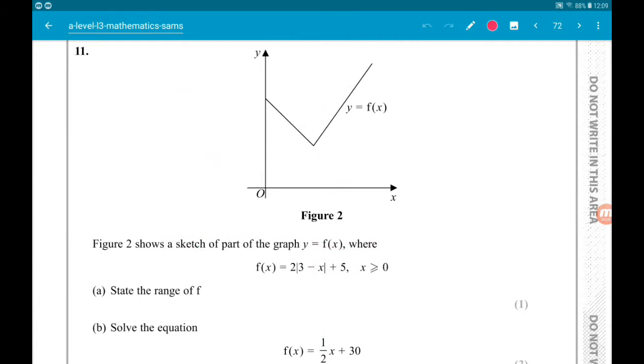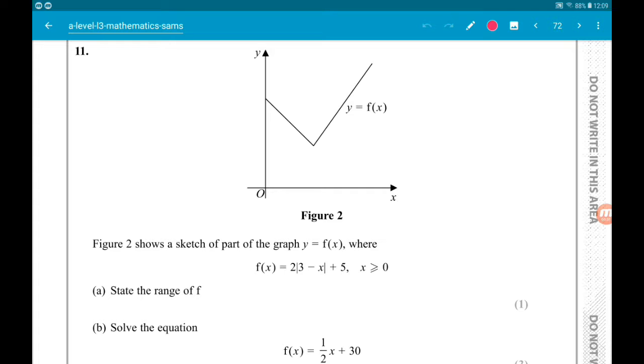Okay, number 11, we have some fun with modulus graphs. Figure 2 shows a sketch of part of the graph of y equals f of x, where f of x is 2 times the modulus of 3 minus x, add 5, where x is greater than or equal to 0.